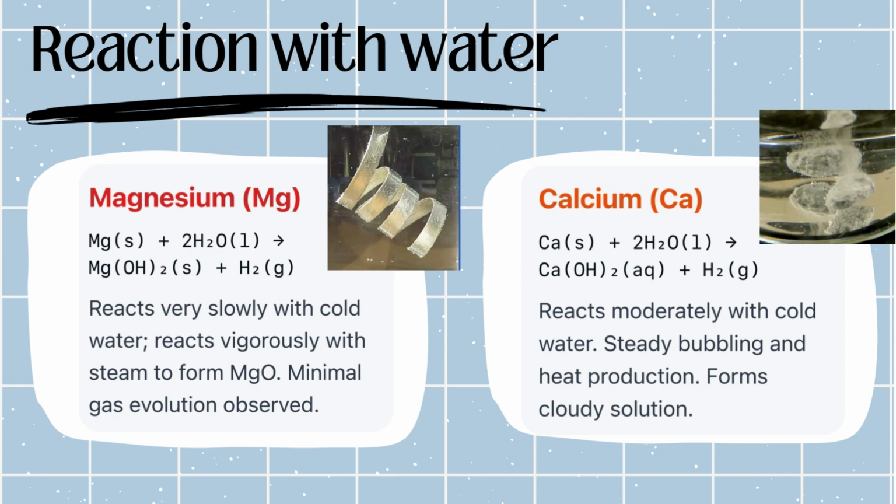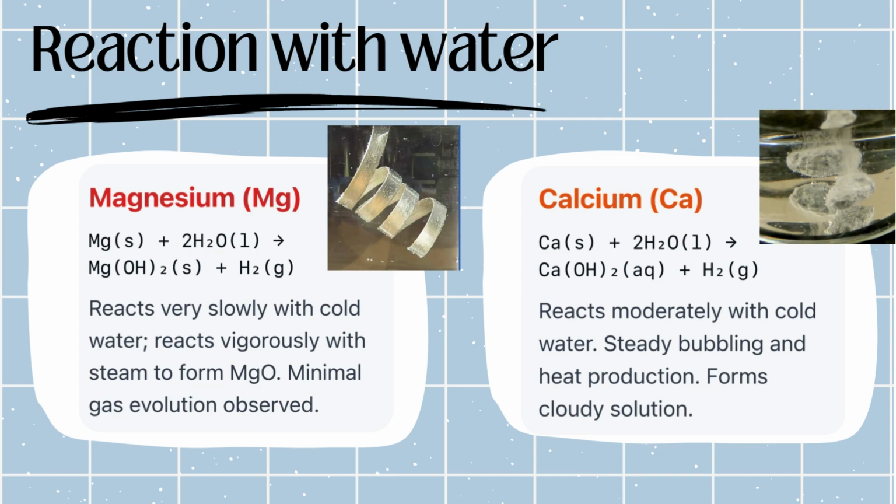On the other hand, in the right side, we have calcium. As we can see and observe in the image, calcium is being placed in the cold water which reacts moderately. Unlike magnesium, which is slow, calcium reacts only moderately in the cold water.